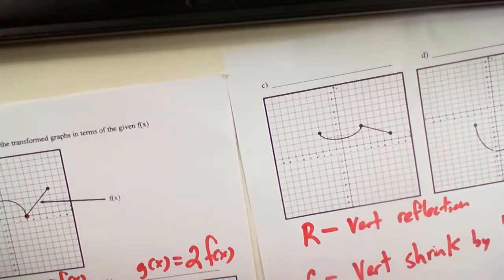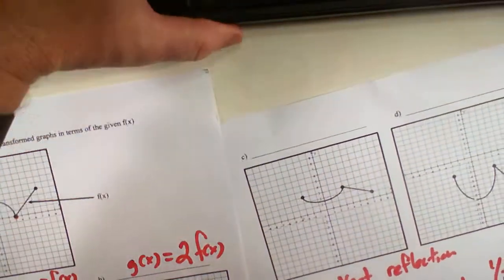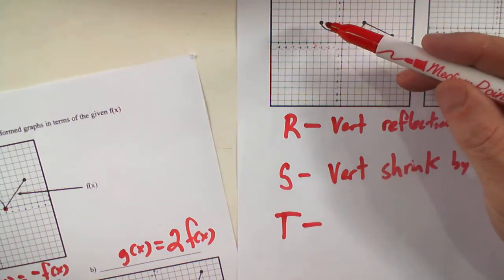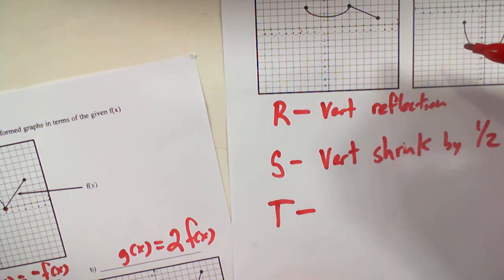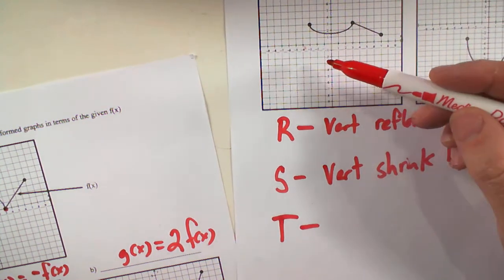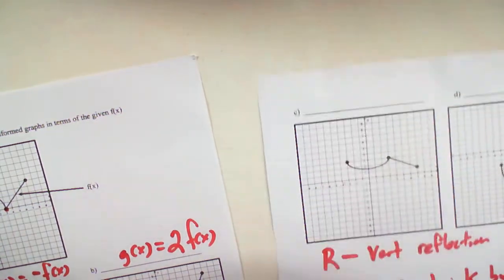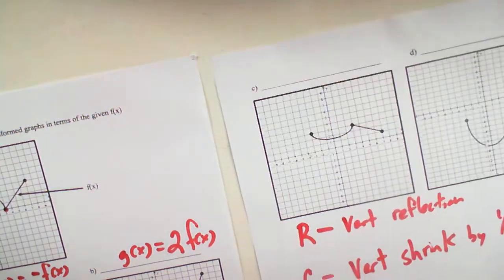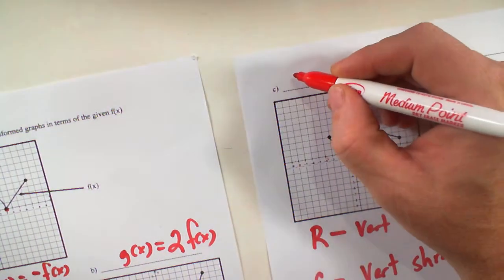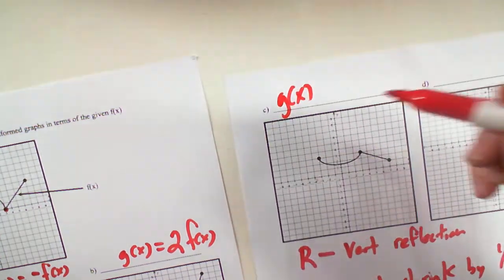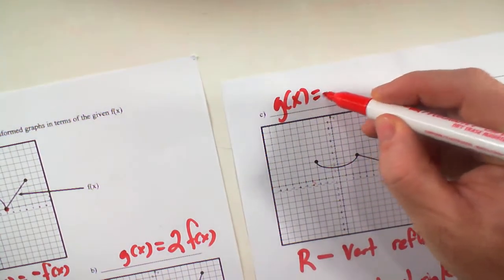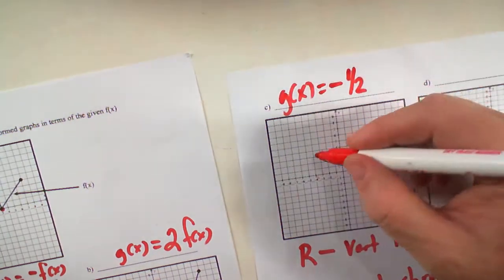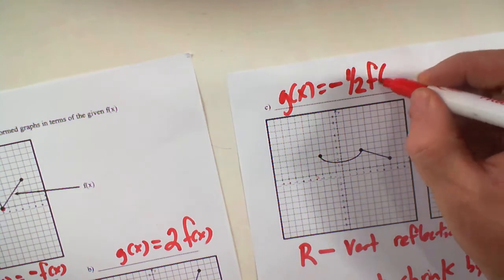Now, where are these zeros located? Where are these points that used to be on the x-axis located? Well, they're still in the same place horizontally, so we don't have to worry about horizontal movement, but it looks like they've been shifted up 3. So taking all that into account, our new g of x function is going to be negative, because it's flipped over, 1/2 f of x.